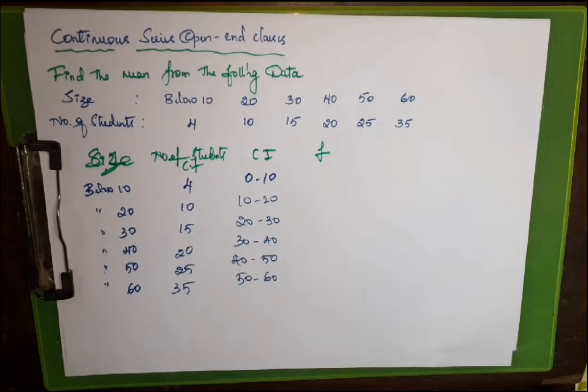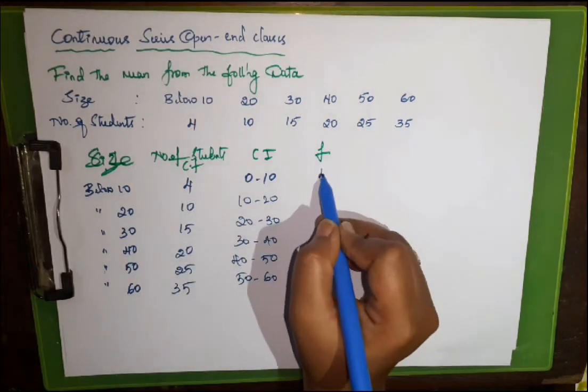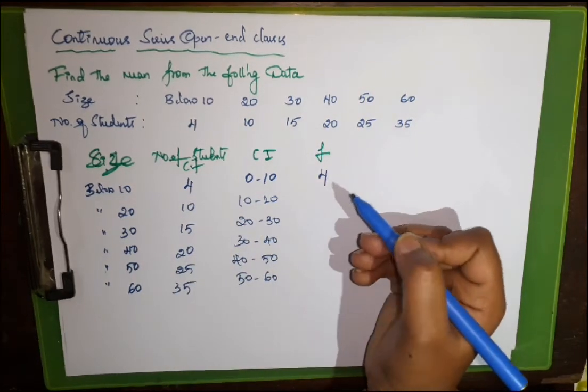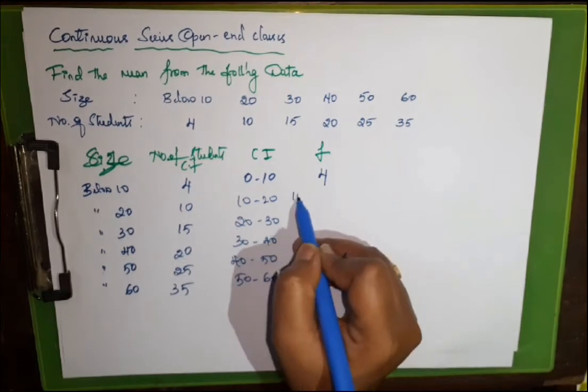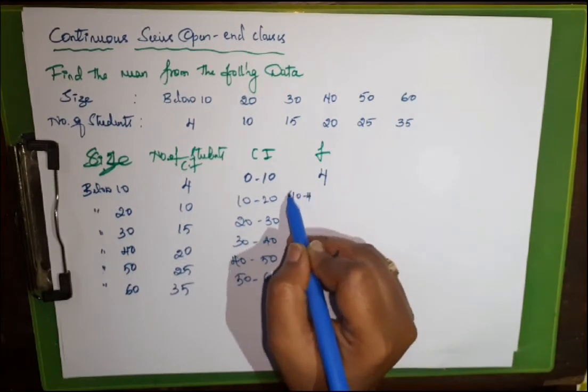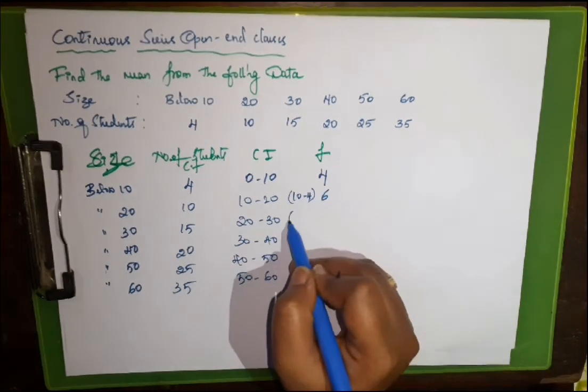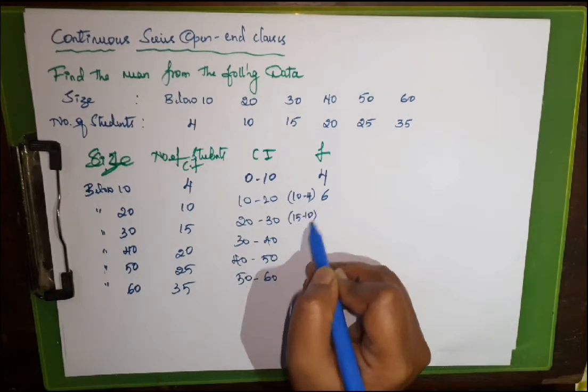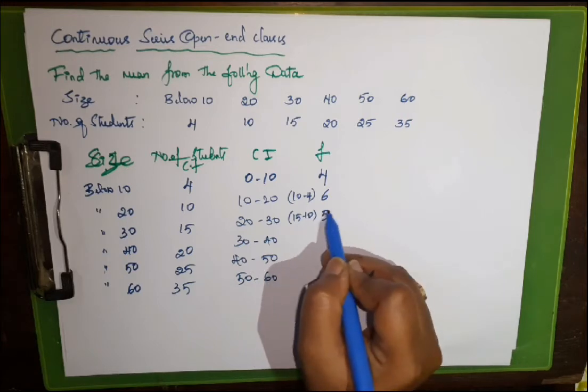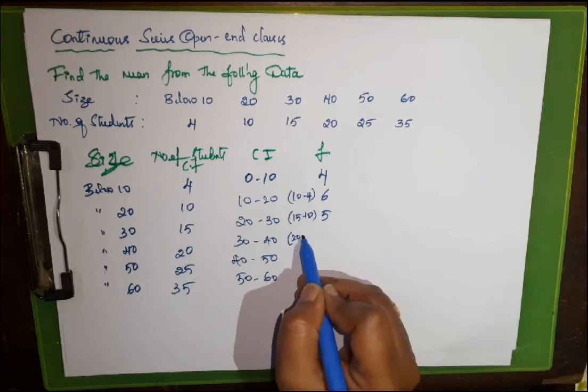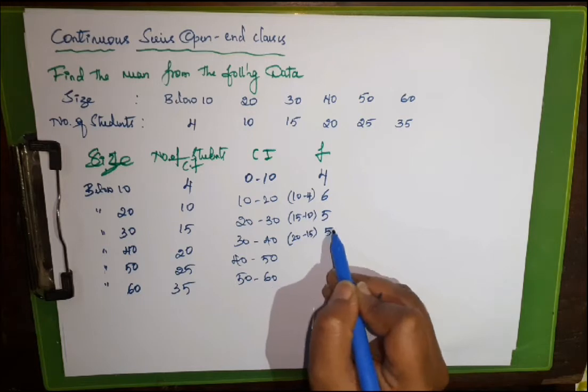See, under open-ended classes, the first number we write as it is. Okay, so for the second number, 10 minus 4, we subtract the first from the second, we will get the second frequency, 6. Same there, 15 minus 10, we will get 5. Then 20 minus 15, you get 5.